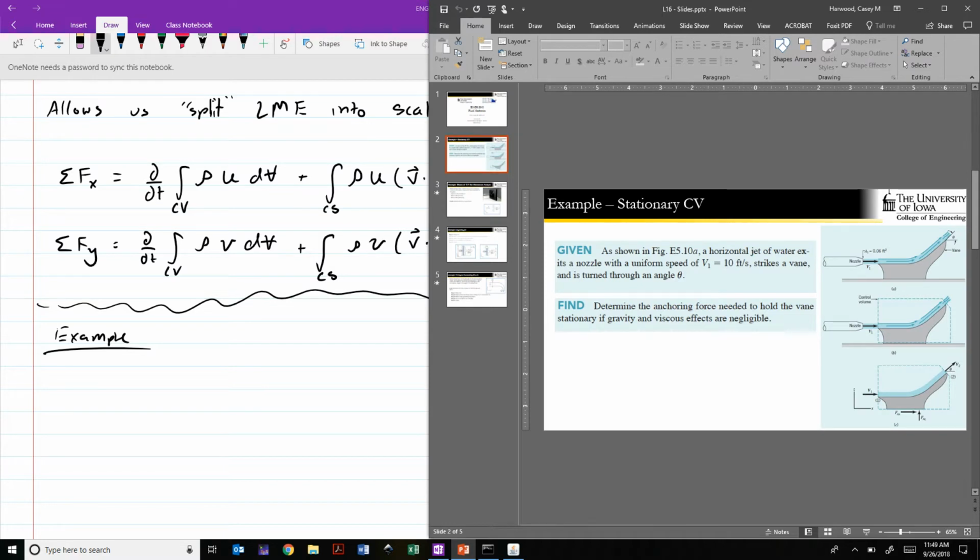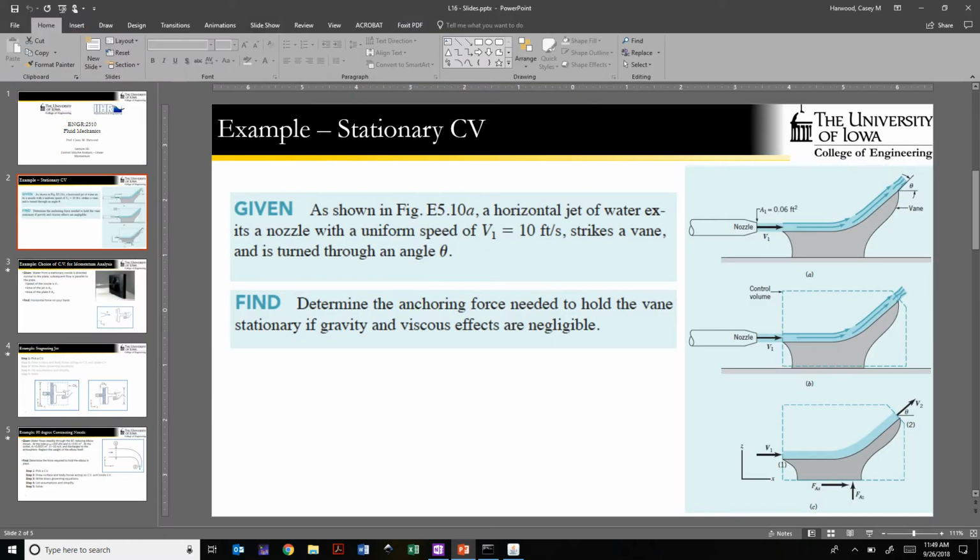Okay, so this is the example we're going to be discussing here. Essentially, we've got some sort of a vane or a block, typical of turbo machines like water turbines, etc. You have a vane with a water jet spraying in horizontally that then gets redirected by the vane through some angle theta.